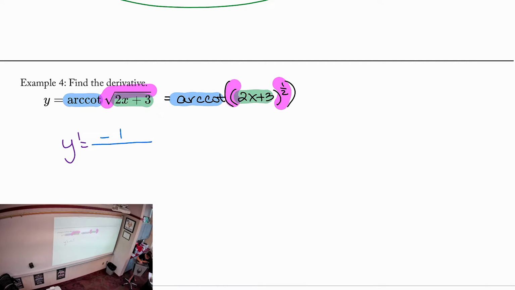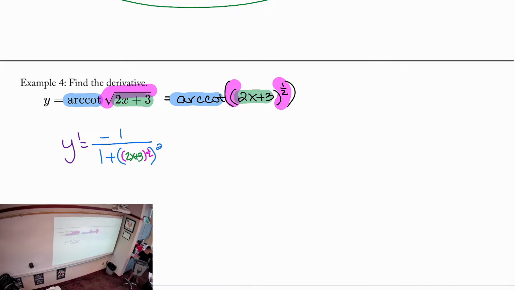Negative 1 over 1 plus something squared. That something is the 1/2 power, and it's your 2x plus 3. That's only doll number 1. Are we okay with doll number 1?